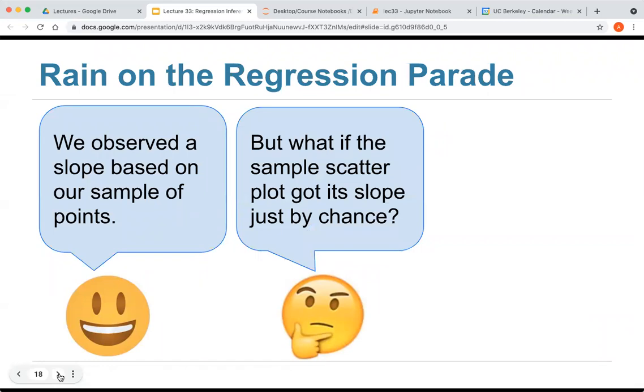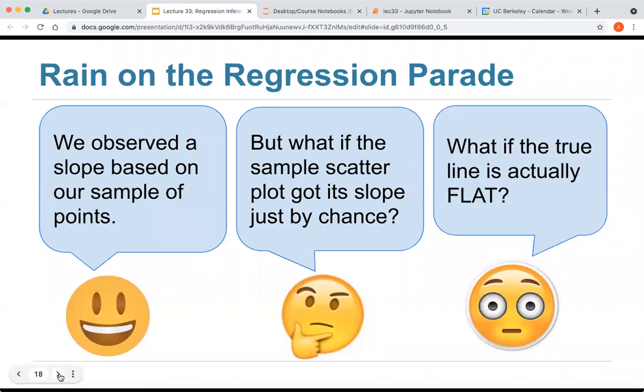But yours is just a sample. What if the true line didn't have this slope? What if your slope was just by chance? And worse still, what if the true line was actually flat? Why is that important? That is important because that means the X is not having any effect.